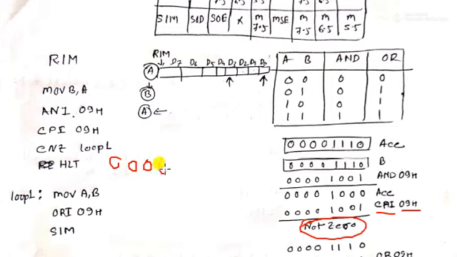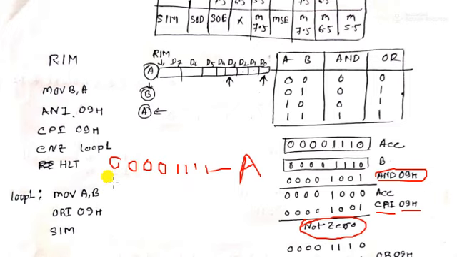0 0 1 1 1. That means this is the accumulator content after the RIM instruction. We make an AND operation with 09 with the accumulator.